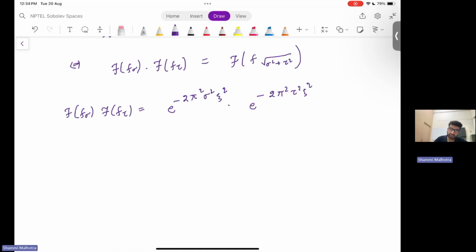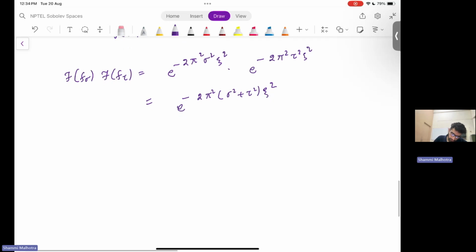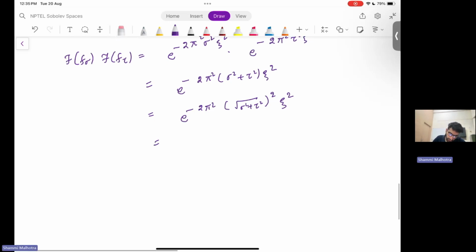Multiplying, this can be e raised to the power minus 2 pi square times sigma square plus tau square, xi square. And this is nothing but e minus 2 pi square times the square root of sigma square plus tau square, whole square, xi square. If you see, this is the same form we have here, so this is the Fourier transformation of f of square root of sigma square plus tau square.